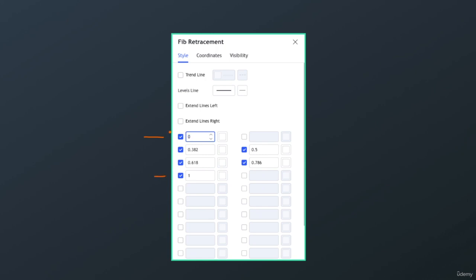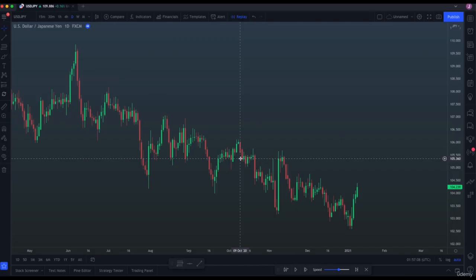This is our anchor point, 0 and 1. Now for 38.2%, we will put 0.382. For 50%, 0.5. For 61.8%, 0.618. And for 78.6%, 0.786.